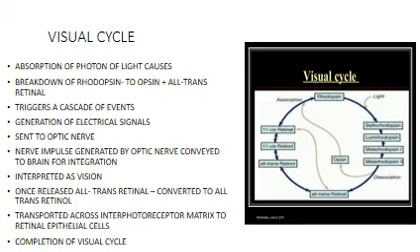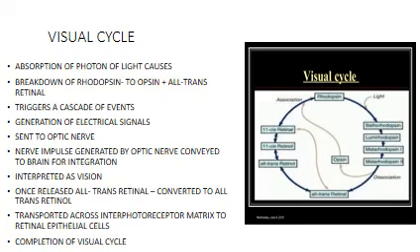Rhodopsin does not directly get converted to all trans retinal, but it gets converted to certain intermediates like batho-rhodopsin, lumi-rhodopsin, meta-rhodopsin 1 and 2, and finally it dissociates to form all trans retinal. So this is a cascade of events which occur when light or a photon falls on rhodopsin.